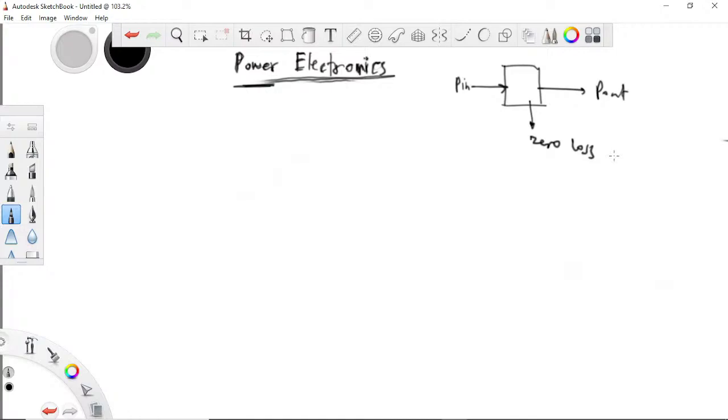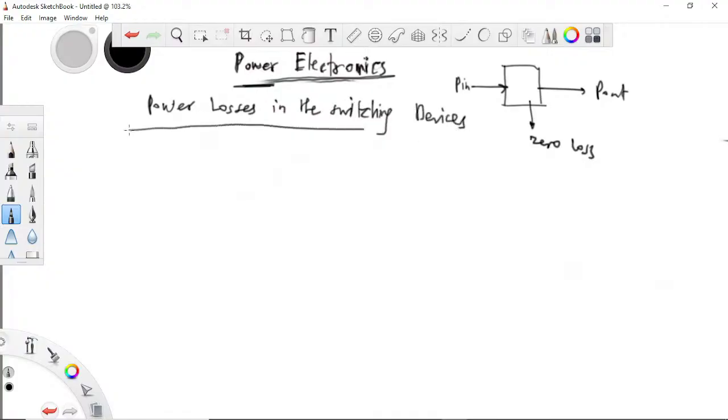There definitely are some minimal losses. So we are coming to look at the power losses in the switching devices. This is the next concept we are taking: power losses in the switching devices.